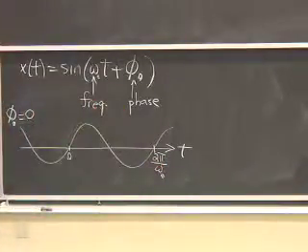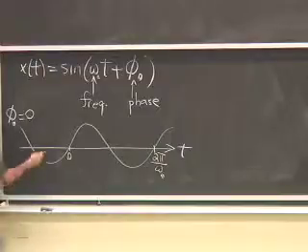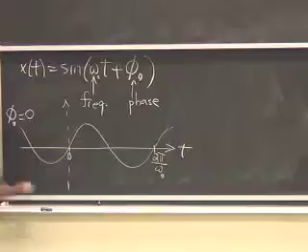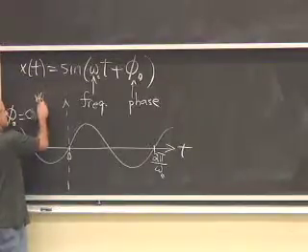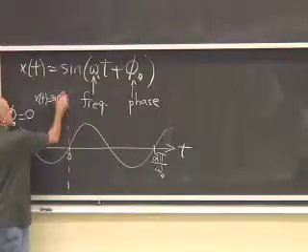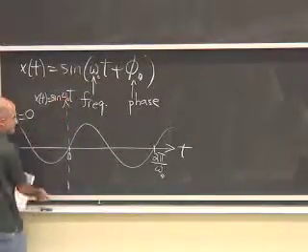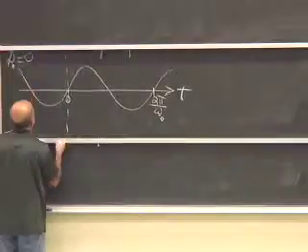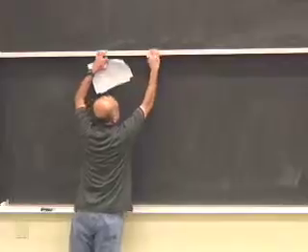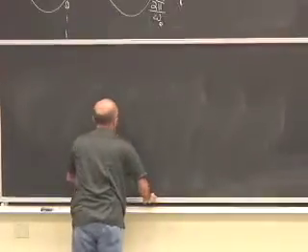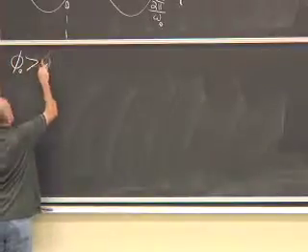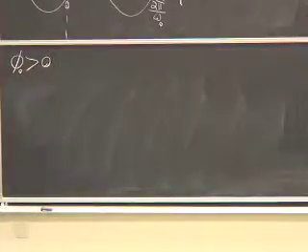And this is my vertical axis. So this is x of t equals sine omega naught t. Now suppose I introduce a non-zero phase shift, and say phi naught is greater than 0.